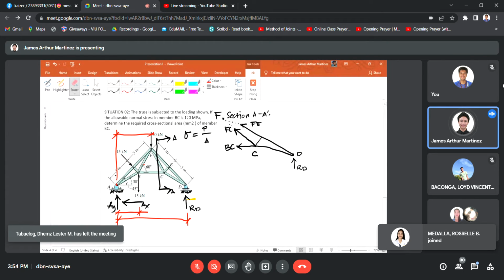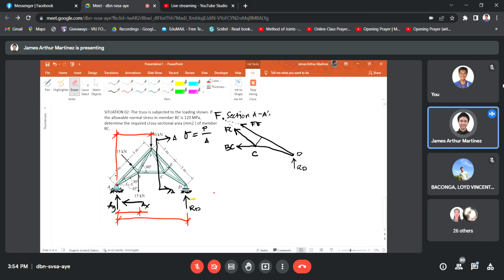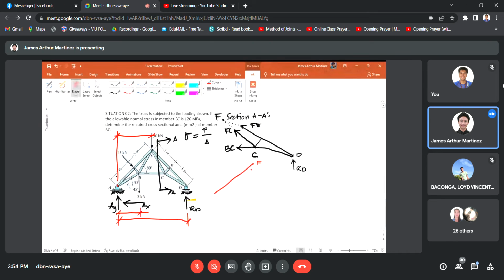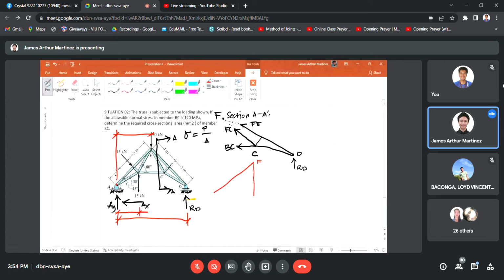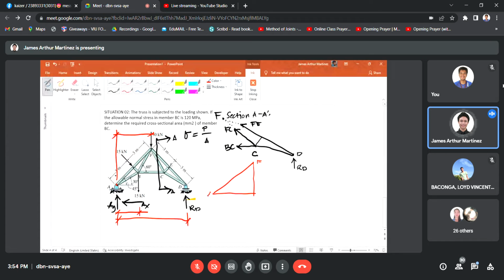Okay, so first, the moment arm of the 30 kilonewton is what we will look for. And how do we do that? We have this triangle. If this is point F and then point A, the angle is given: 45 degrees for this member, with respect to the horizontal as its angle of inclination.